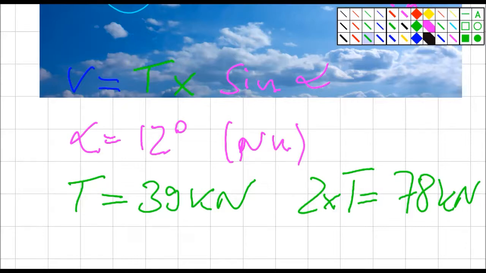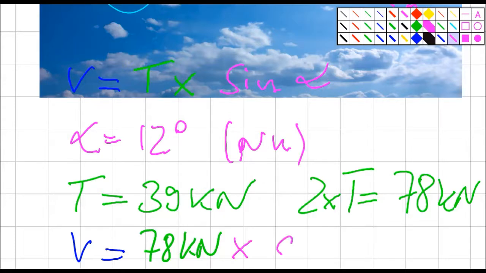Now we can continue to use this in order to figure out what our vertical thrust component is, the one which is lifting up our aircraft. It is the thrust of 78 kilonewton times the sine of 12 degrees.